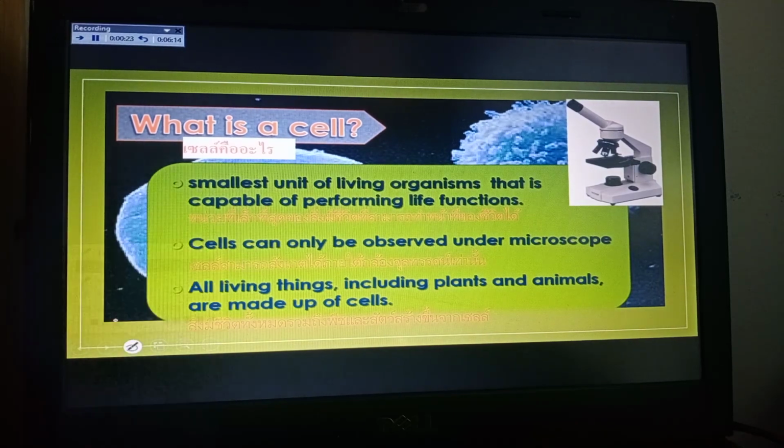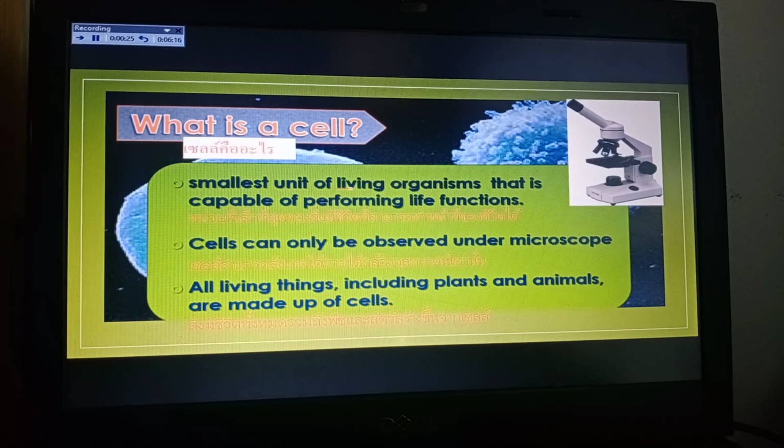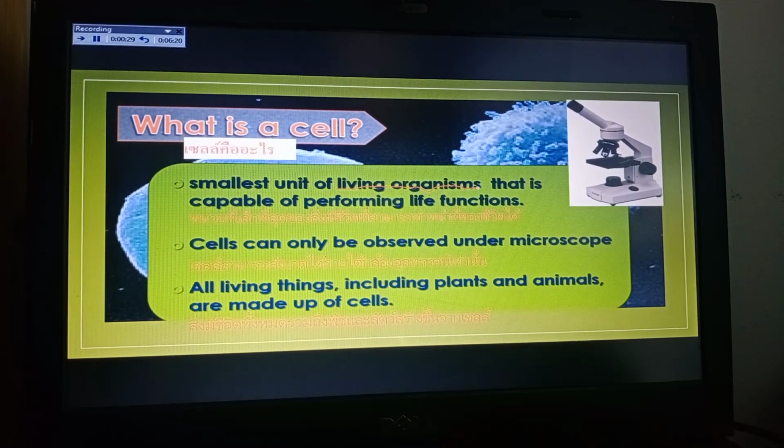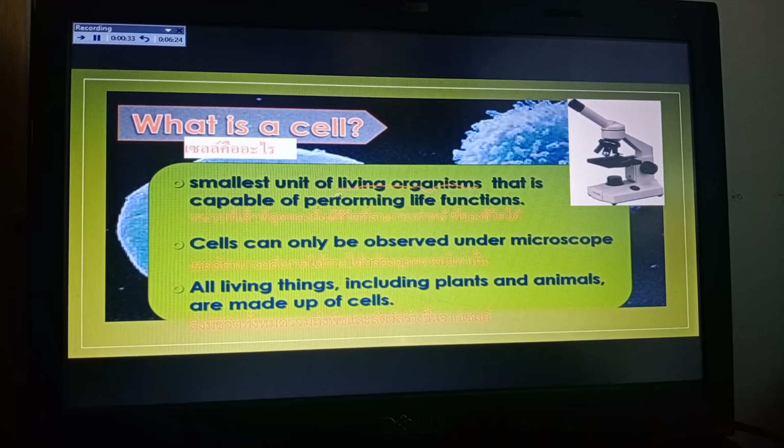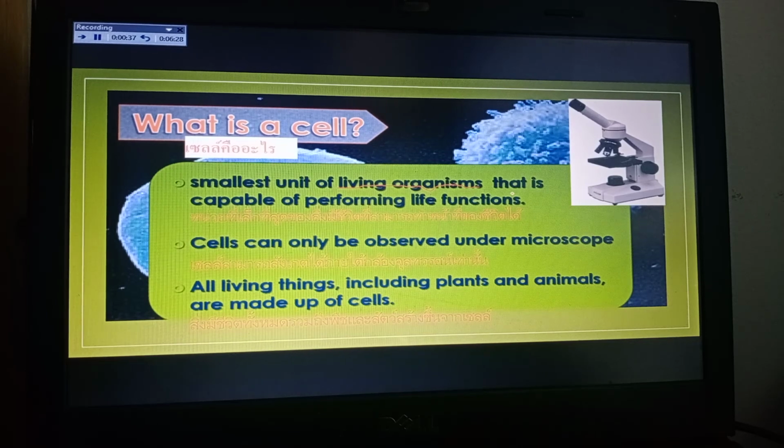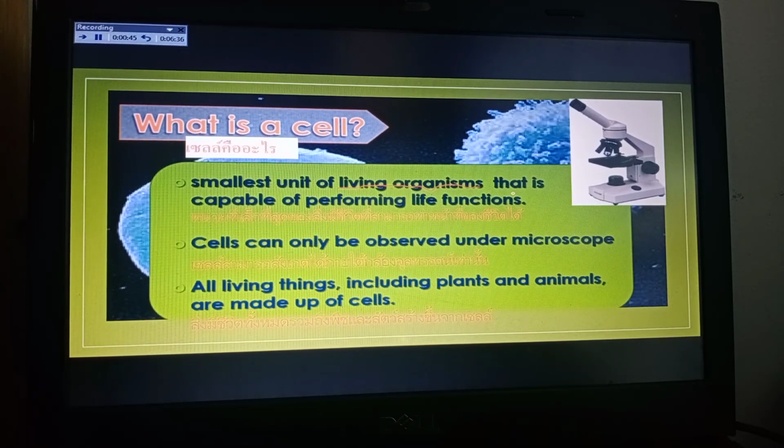When we talk about a living organism, it talks about life. When we say living, it has life. So, the smallest unit of a living organism that is capable of performing life functions, meaning it performs a vital role to our life. Without this one, we will die.